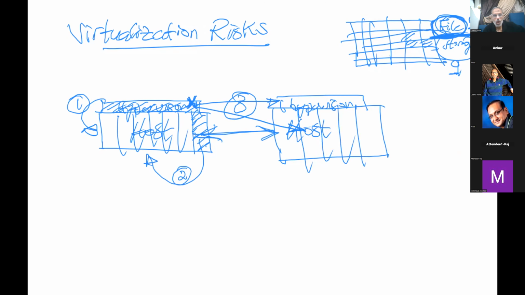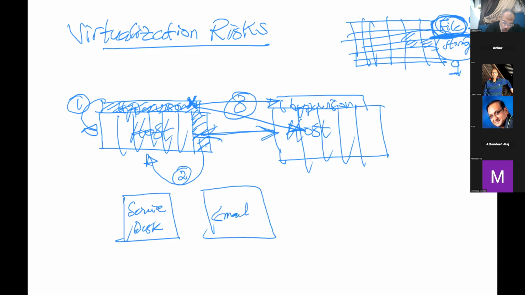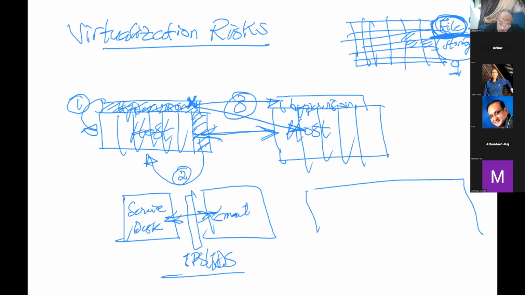For example, if you have one server here, a service desk, and one email server here, integrated together, then if any data moves from this server to that server, I can put an IPS or IDS here and monitor the traffic. It is a physical machine, and if there is any attack, I will instruct the IPS to drop the connection. Then I am protected. But how can we do it in a virtual environment?